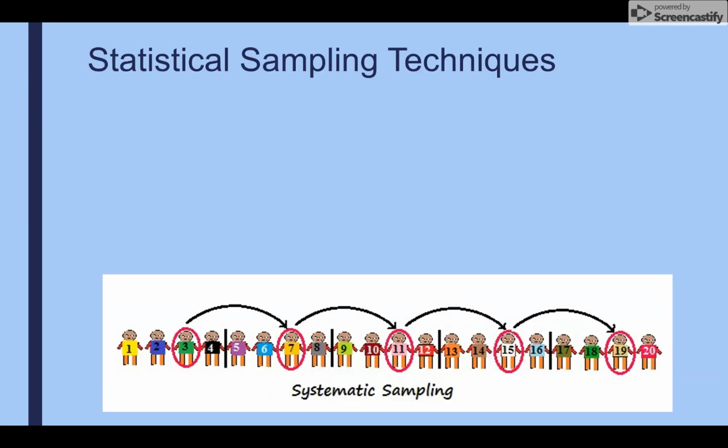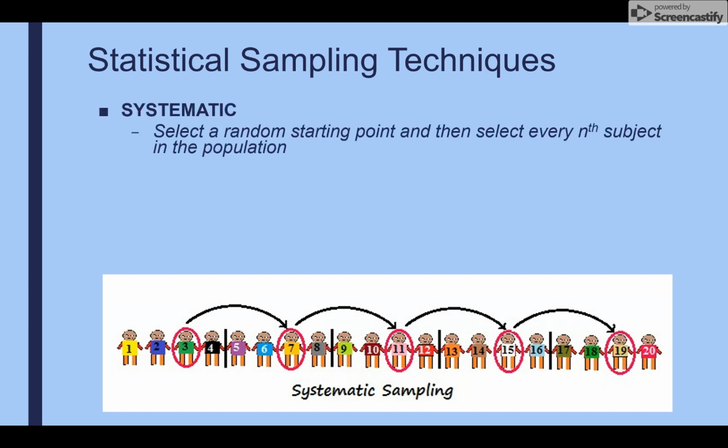Second is systematic. With systematic sampling, you select a random starting point and then select every nth subject in the population. You always want to look for that nth, that th word. This particular technique is very simple, and so it is used quite often.